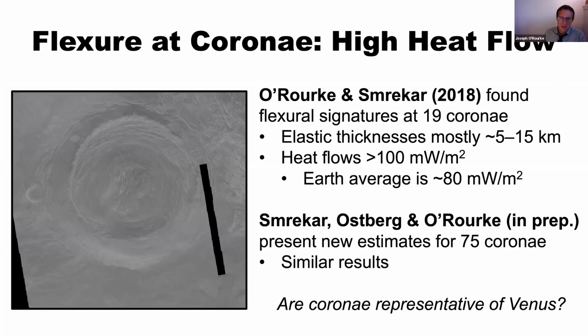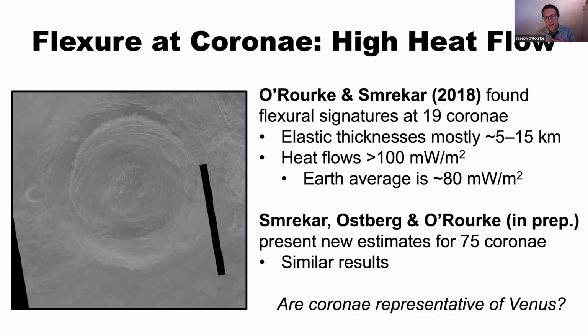This would indicate that if you thought that the heat flow from coronae were globally representative, Venus would be cooling down much, much faster than Earth is, which would be surprising. I should say that our pilot study, because it worked, another student has taken on doing a global survey, and they found about 80% more signatures, or a few times more signatures, and found similar results.